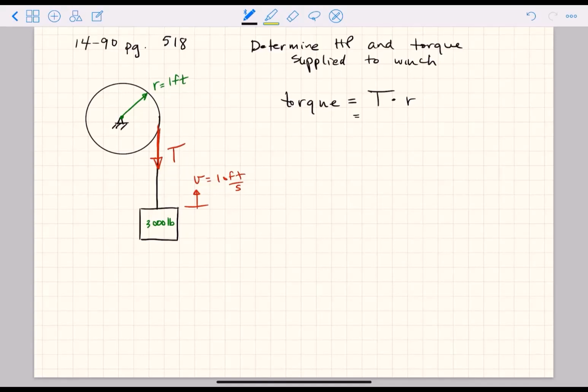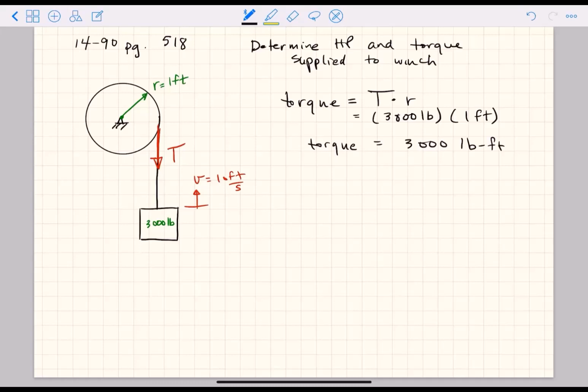The weight is equal to 3,000 pounds. It's not 3,000 pounds times 32.2 feet per second squared. So we can easily just sub in 3,000 pounds, because that tension equals 3,000 pounds, there are no other external forces, times the radius of 1 foot. And so our torque is simply 3,000 pound-feet. That's our torque.